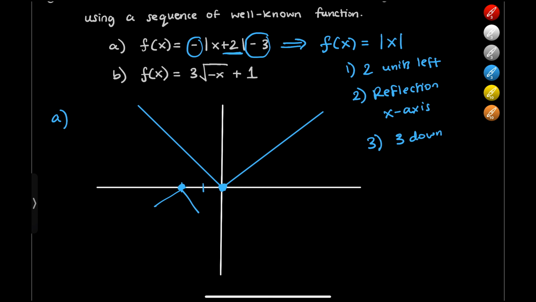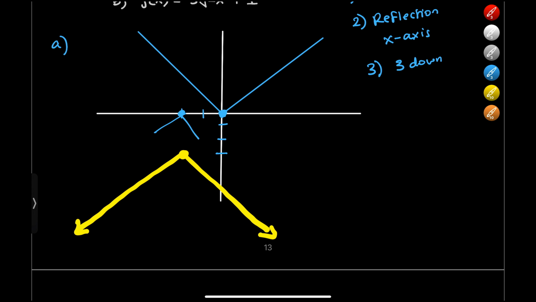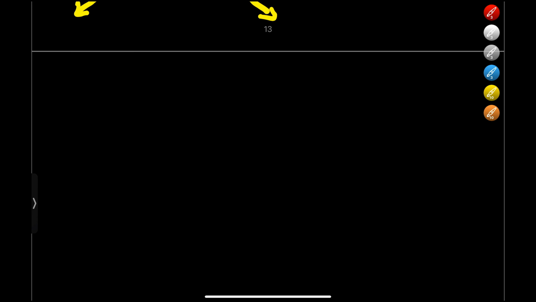And then finally it moves 3 units down, so the final function is going to look something like this. So that's it for A, and now let's move on to B.